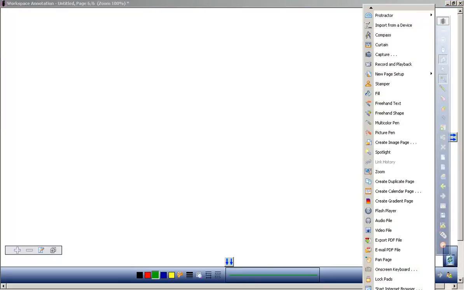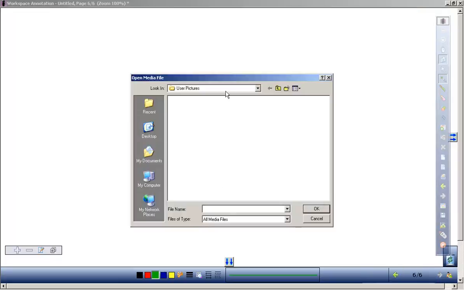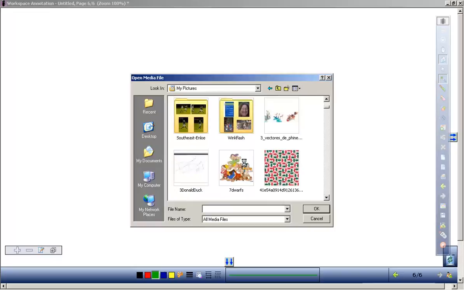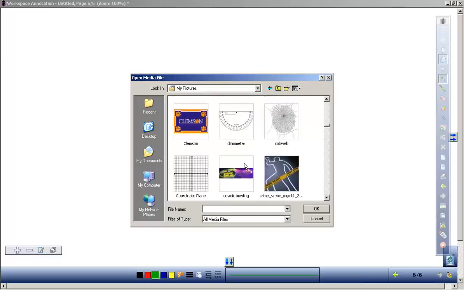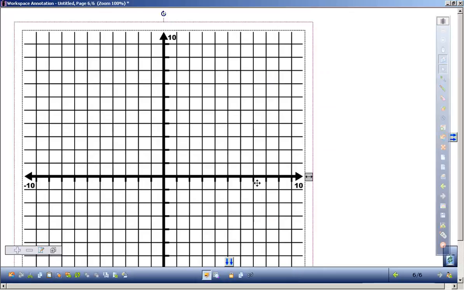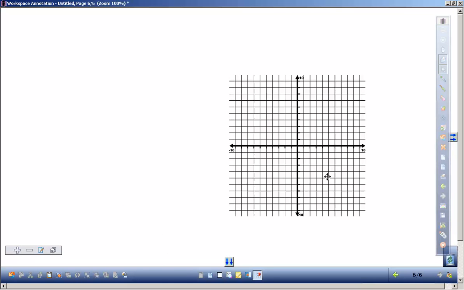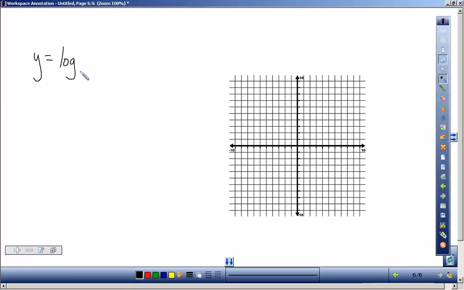So if I look at an example problem, let's get a graph on here so we can look at it. There's our graph. Alright, so when we have our graph, and we want to graph a log, so let's look at the log y equals log base 2 of x minus 4 plus 3.